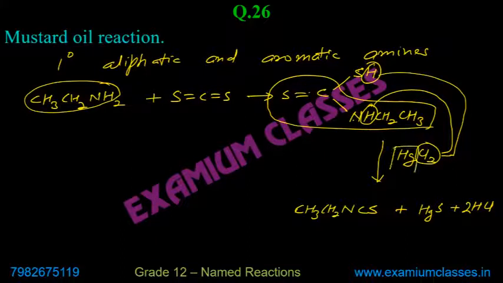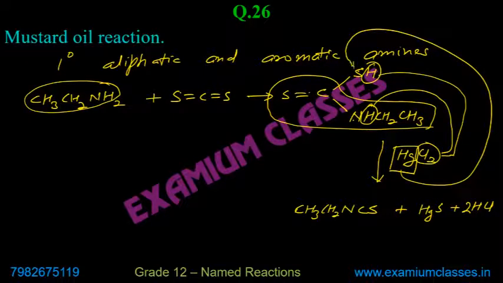Remaining Hg will combine with sulfur, HgS and HCl. So here ethyl isothiocyanate will be formed.